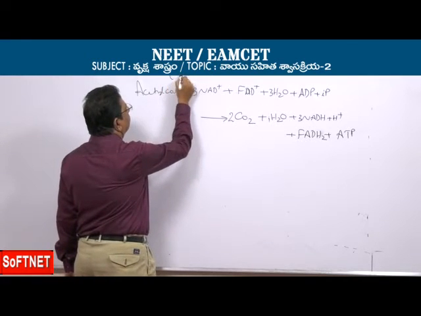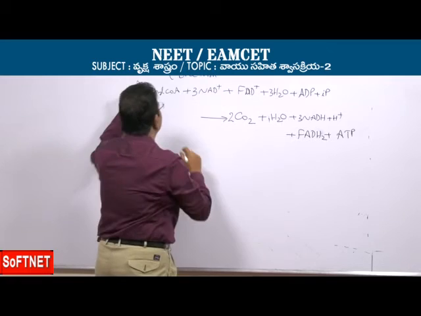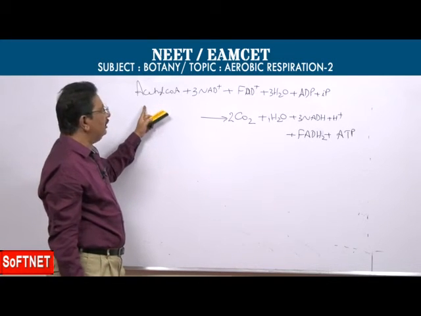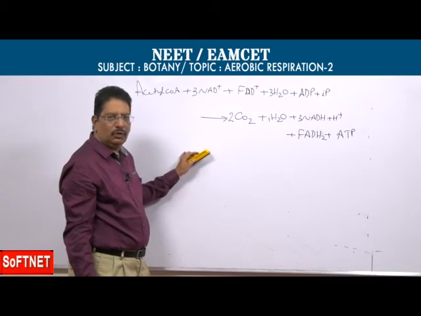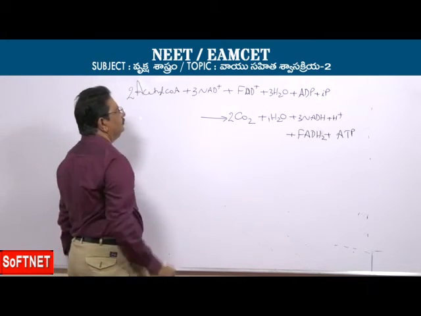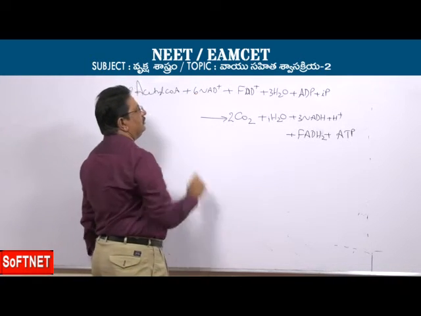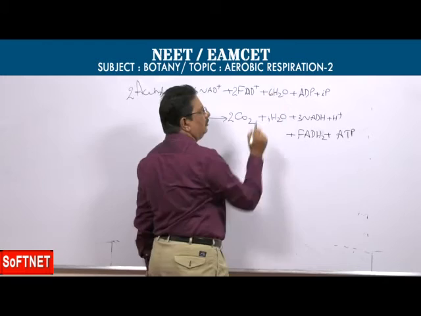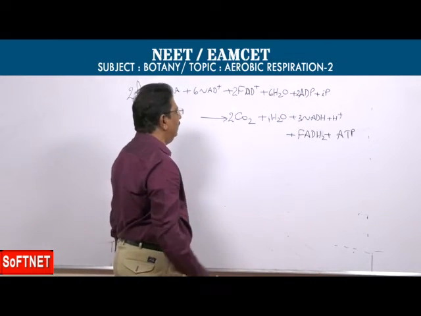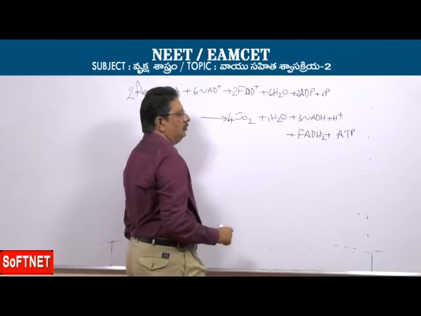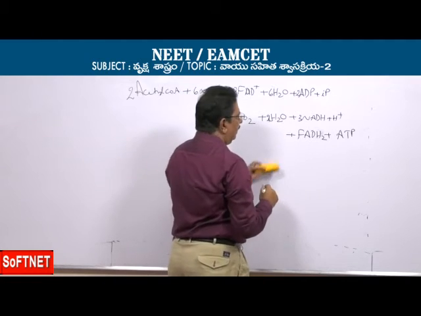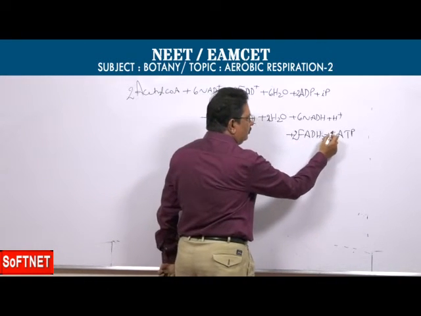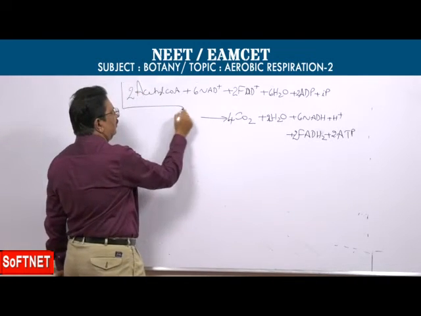So, that is in one turn of the TCA cycle, one molecule of acetyl coenzyme A, but actually there are 2 acetyl coenzyme A. So, for those 2 acetyl coenzyme A involved in the TCA cycle: 6 NAD plus, 2 FAD plus, 6 water molecules, 2 ADP and inorganic phosphates give 4 CO2, 2 H2O, 6 molecules of NADH, 2 molecules of FADH2 and 2 ATP. So, this is the overall reaction of the Krebs cycle.